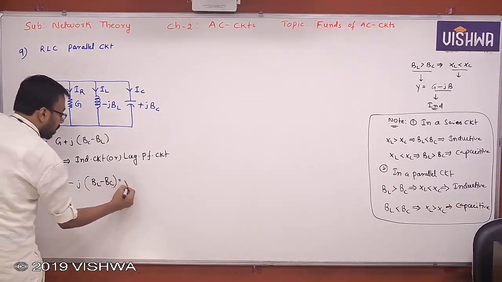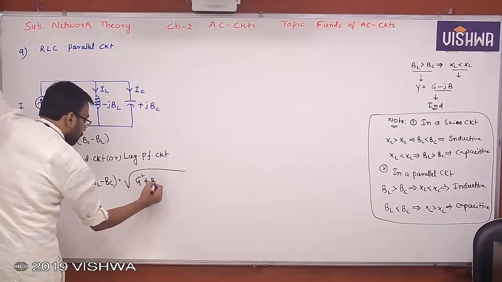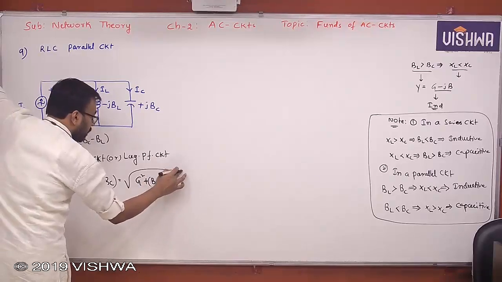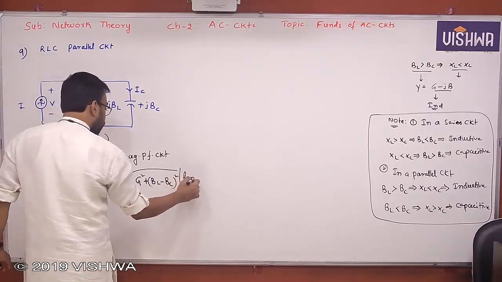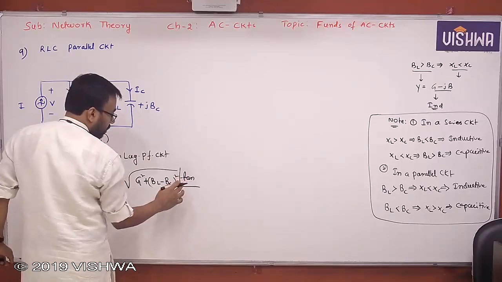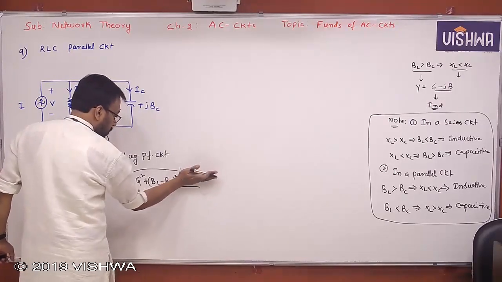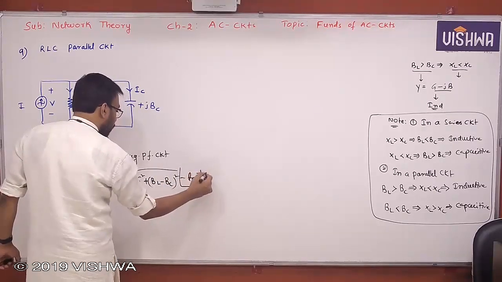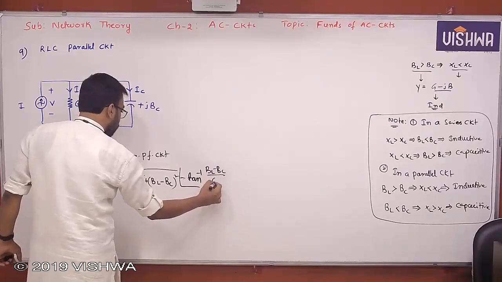So it becomes now root of G square plus (BL minus BC) whole square, at an angle of minus tan inverse (BL minus BC) by G.